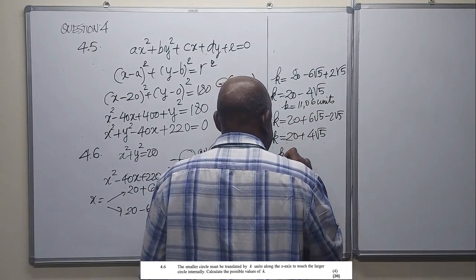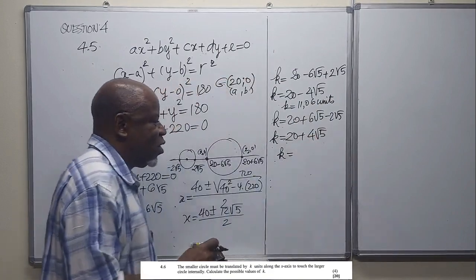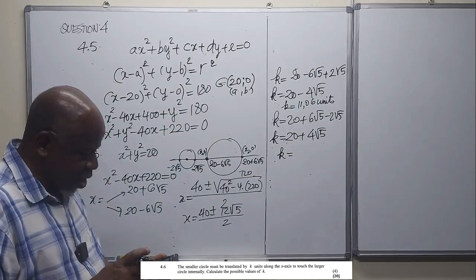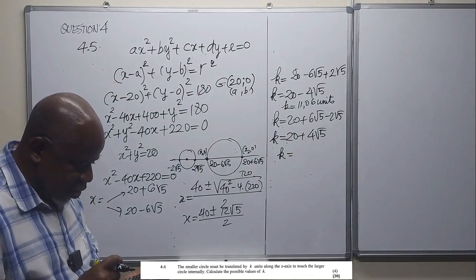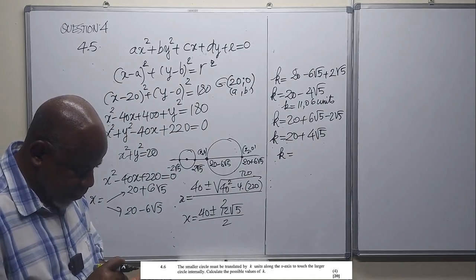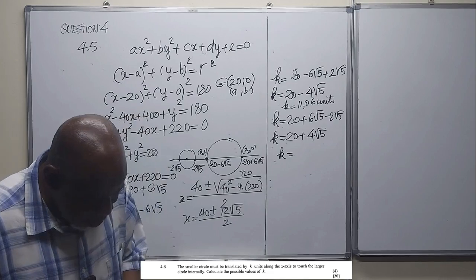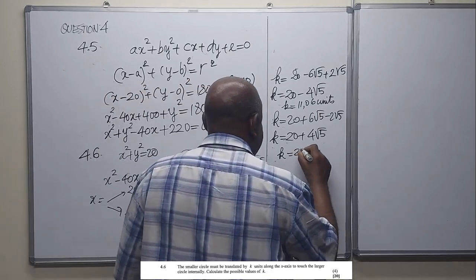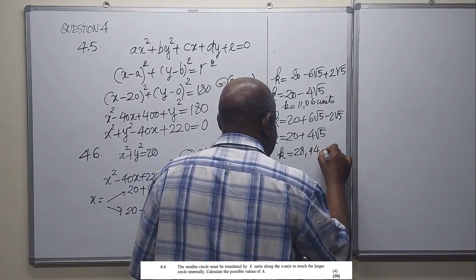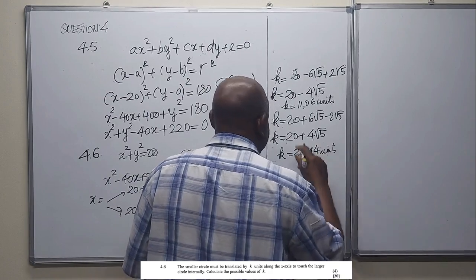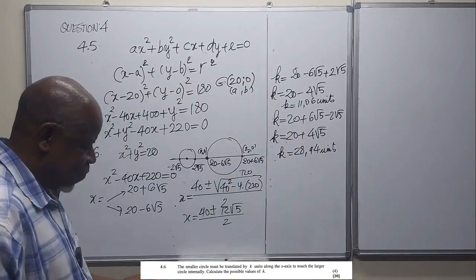And the other one, 20 plus 4 square root of 5, will give us 28.94 units. So these are the values of k.